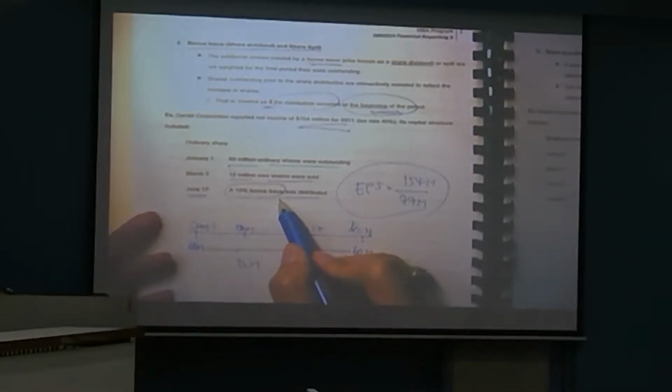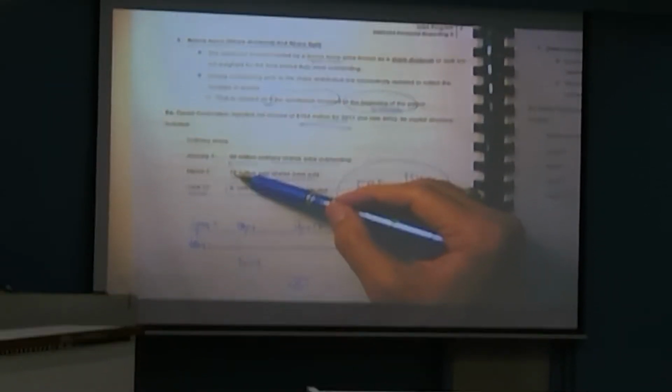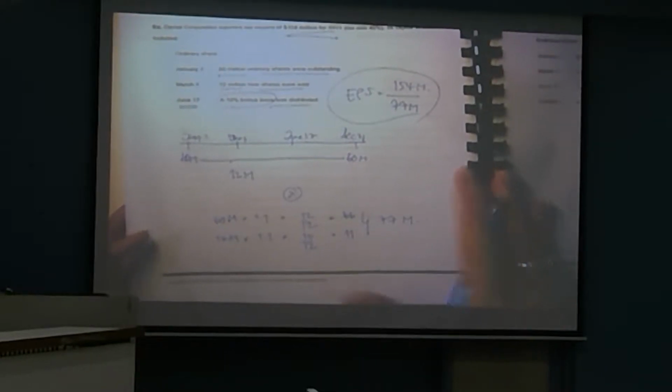What is that supposed to mean? If you have 100 shares in your hand, you're going to have another 10 shares additional. So we need to pretend that every share from the beginning got additional shares, in a ratio of 1.1. For 100 shares, you get 10 shares more, so the multiplier will be 1.1.